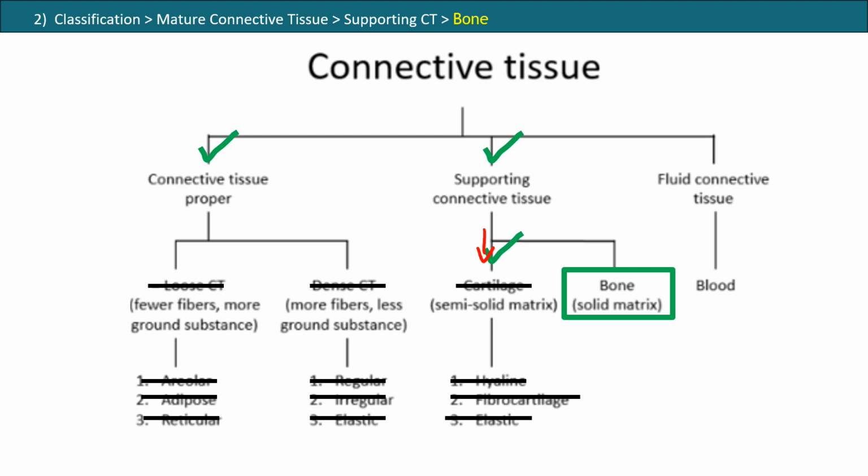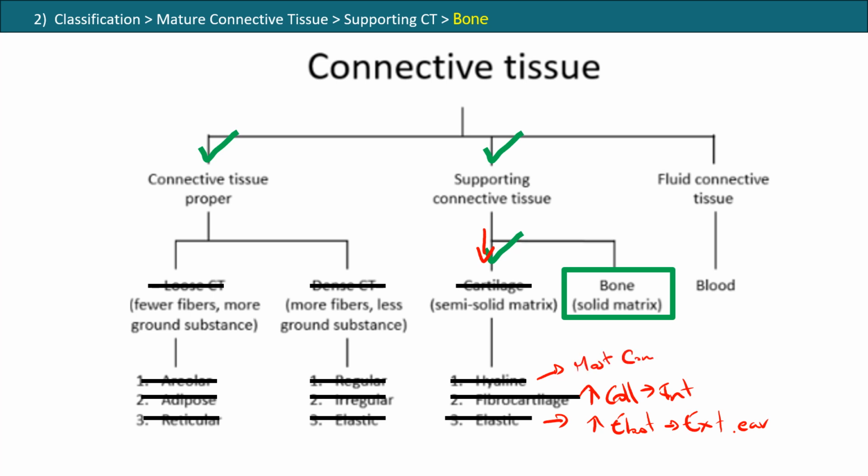Then you have two variations: one that has a higher amount of collagen, which can be found in parts where you need more support, like the intervertebral discs, and another with more fibers, but these are elastic fibers. This is located, for example, in the external region of your ear. All these are just variations of the hyaline connective tissue, which is the most common.